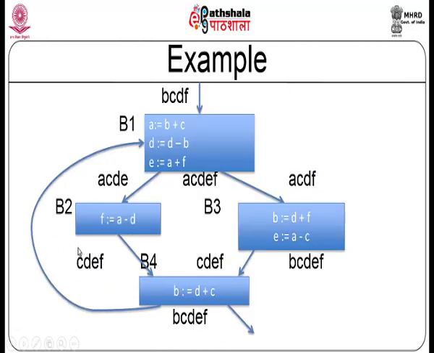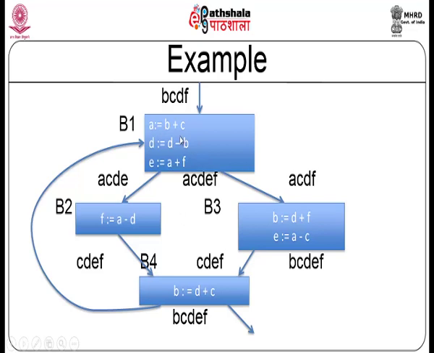Based on this, we have already seen this example in the analysis. Here, B, C, D, F are the input to this particular block. The definitions of this block are A, D, E, and the use of this block are B, C, not D, because D is also defined here, and F. So B, C, F are used here, and A, D and E are defined here.